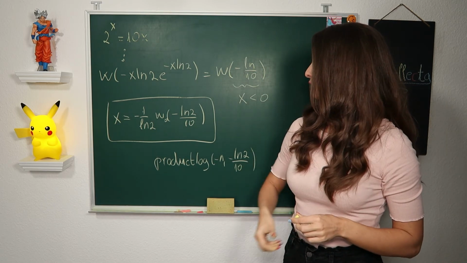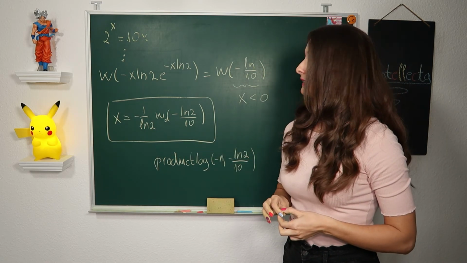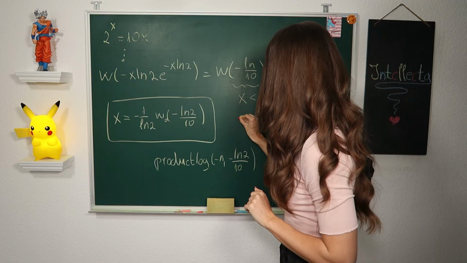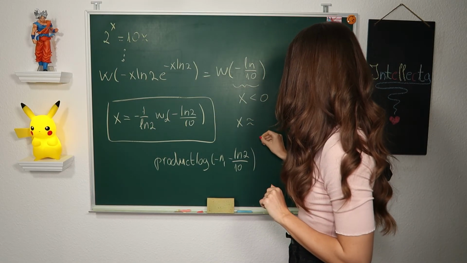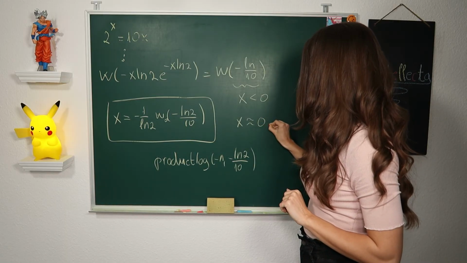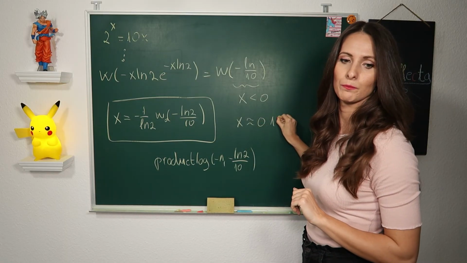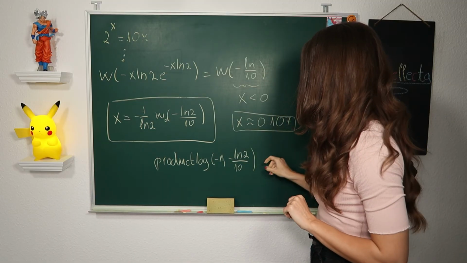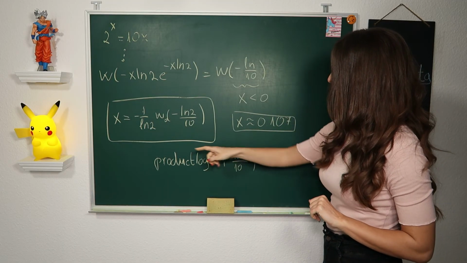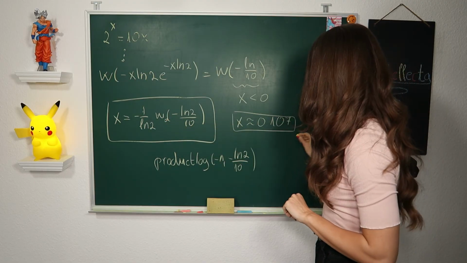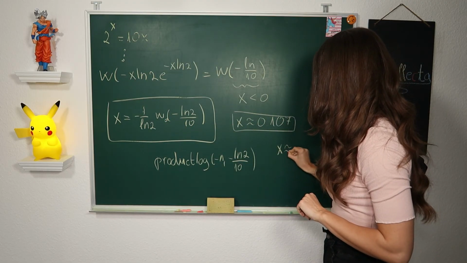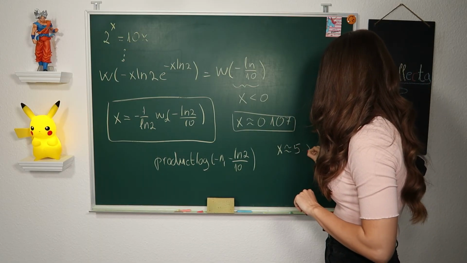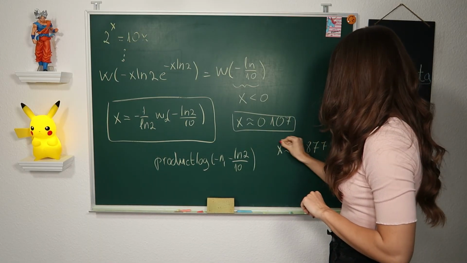And you will get the value for the W sub negative 1 branch. In the first case, for W sub 0, you will get that x is approximately 0.107. And in the second case, for W negative 1, you will get that x is approximately 5.877.